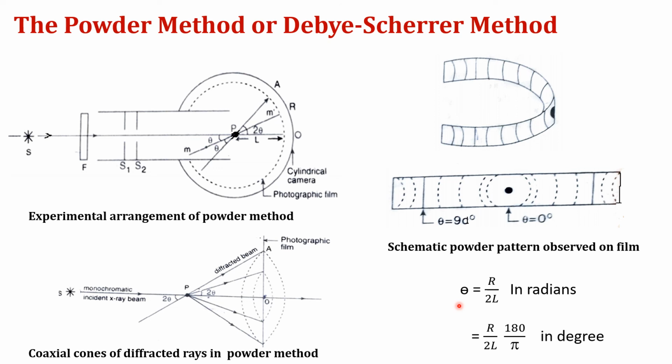Now, how do we find the interplanar spacing d? Each and every set satisfies Bragg's condition, 2d sin theta equals lambda. Lambda is fixed in that experiment, since a monochromatic X-ray beam is used.